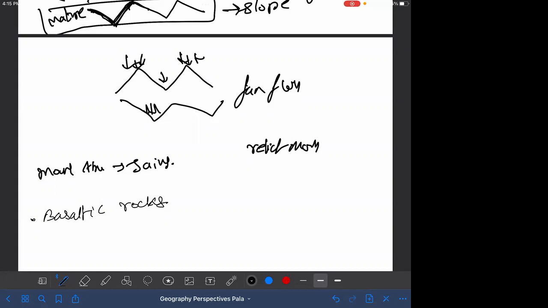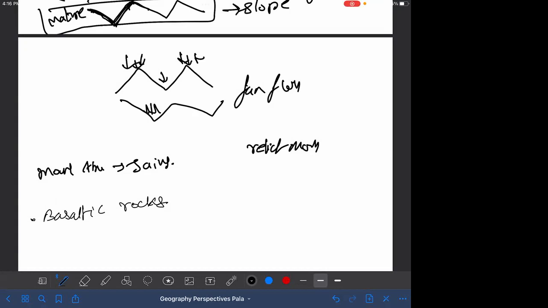Badland topography is characterized by steep and dry valleys caused by soil erosion.